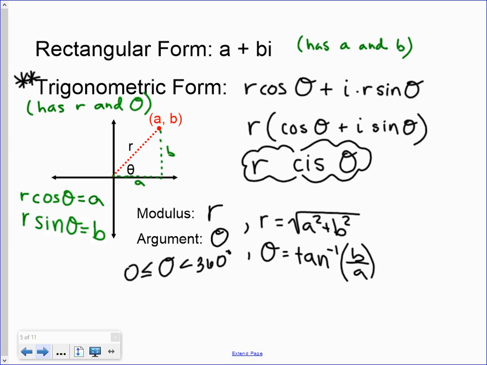We can write one equation for tangent, tangent theta equals B over A, inverse both sides, and we have theta. We can write one for cosine, cosine theta equals A over R, multiply both sides by R, and we have A. And we can write one for sine. So we're doing the 3 trig ratios and the Pythagorean theorem for that right triangle every time, right?